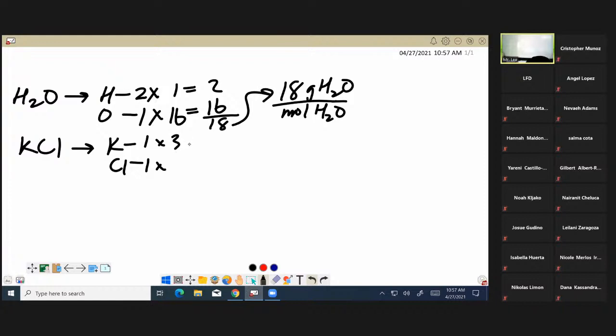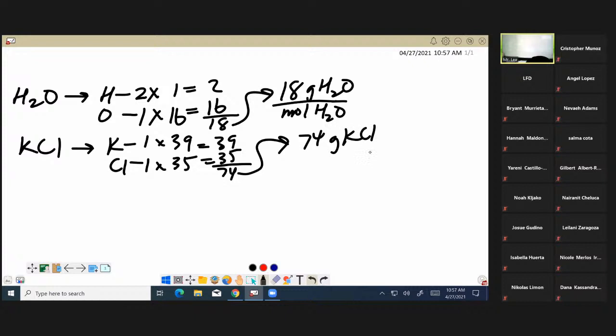Add those together gives me 74. So there are 74 grams of potassium chloride for every mole of potassium chloride. That's the molar mass of potassium chloride.